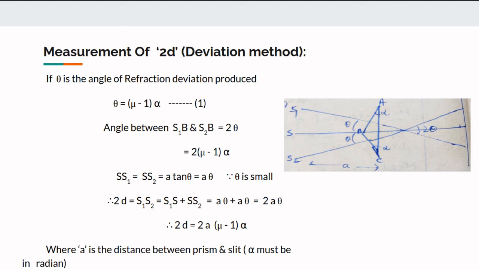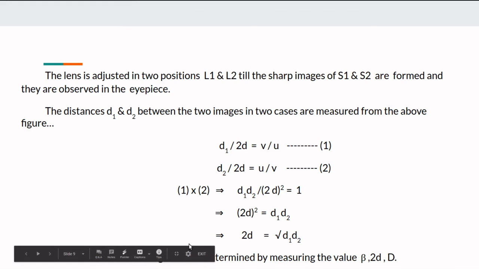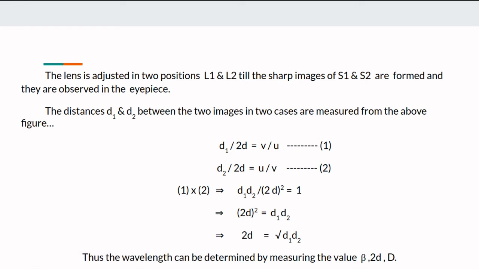By substituting the values of capital D, small d and beta, we can determine the wavelength of monochromatic source of light. That is about measurement of wavelength of sodium light using Fresnel's biprism.